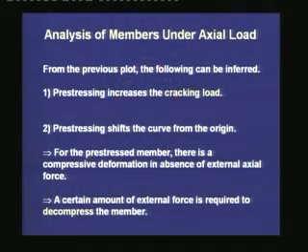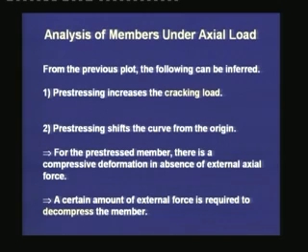The basic reason is that concrete is weak in tension as compared to compression, and to check the cracking of concrete, to make up for the weakness of concrete under tensile load, prestressing is done, and once we prestress a member, the cracking load is increased. Next inference we have is that the prestressing shifts the curve from the origin.